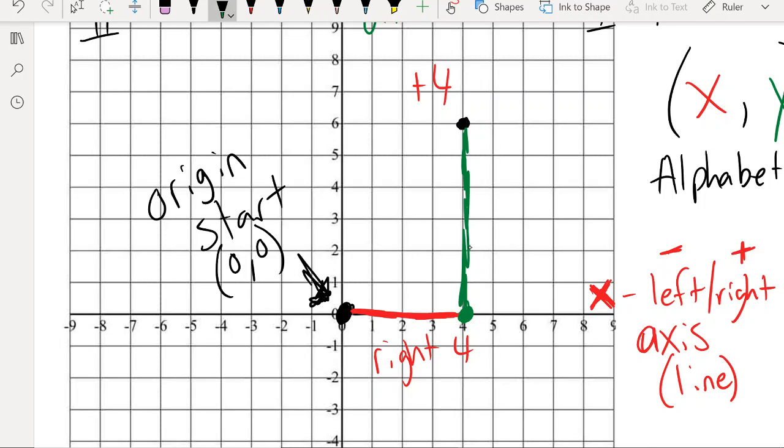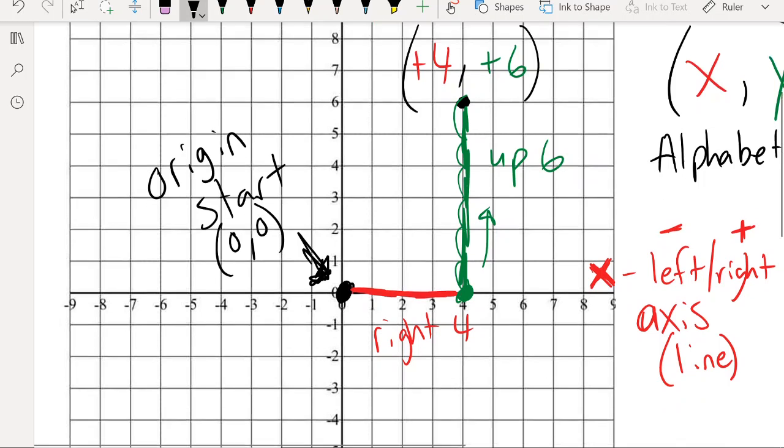So from here, I go up by 1, 2, 3, 4, 5, 6. Up 6, so positive 6. And that's it, I'm done. I found the point. It's 4, 6.